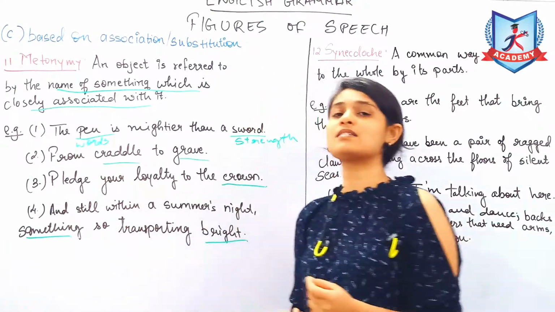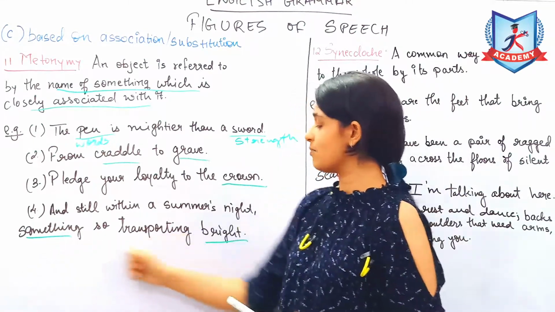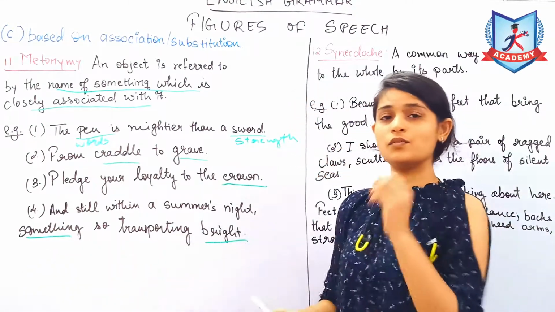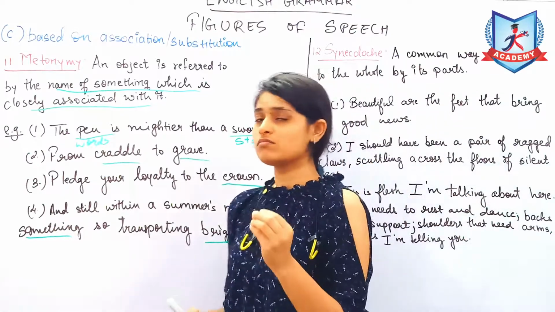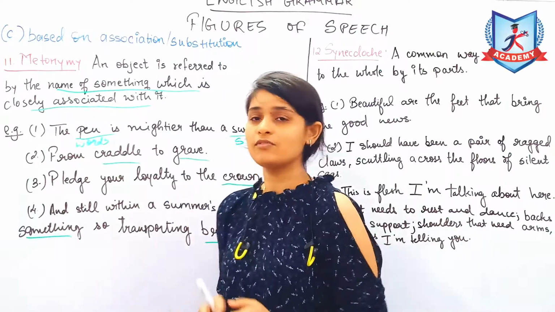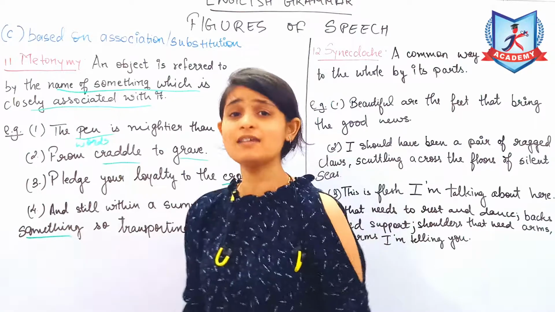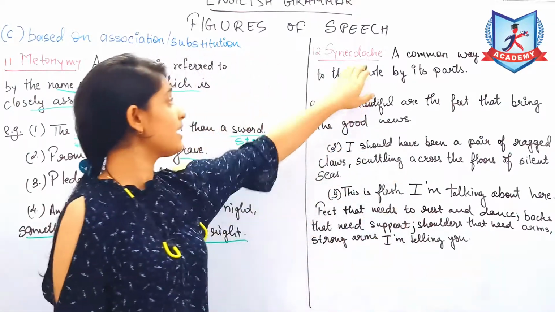We are talking about those insects, but we are not using the word insects, we are using the words something bright. Whenever you use some synonyms to refer to the actual object, that figure of speech becomes metonymy.